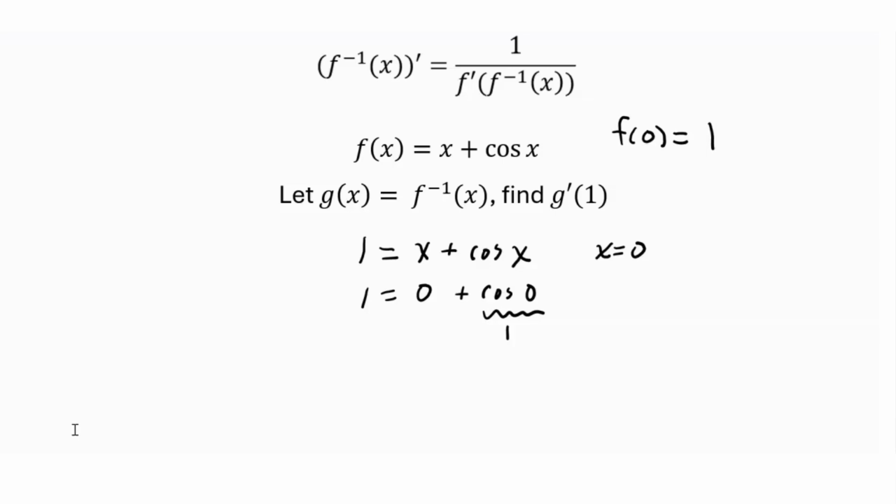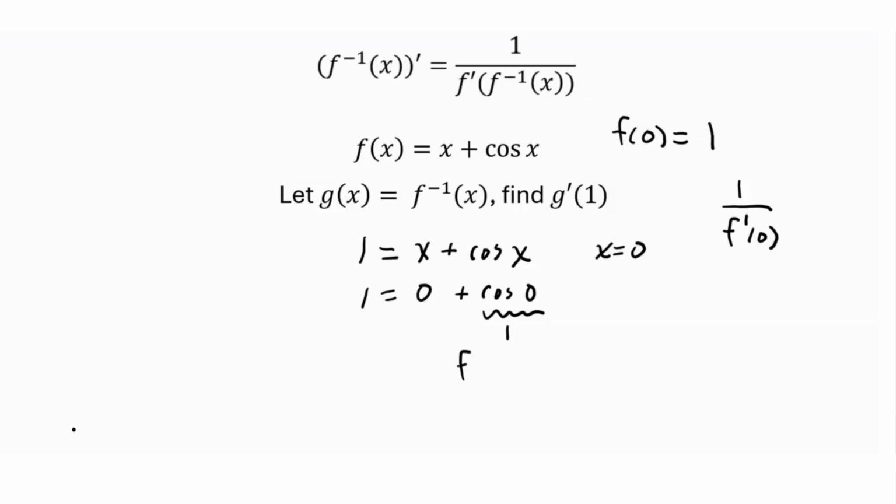So that means if I want the derivative of the inverse, it's going to be 1 over f prime of 0, from our rule. The only thing we need to do is figure out what f prime is and plug in 0.